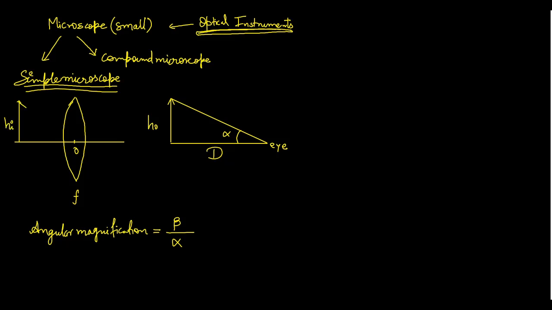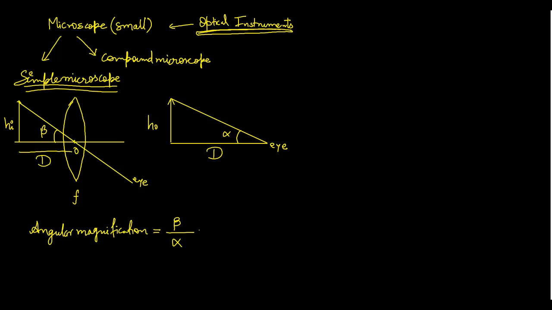Now, at this time, the angle subtended by this image on the eye is beta. And remember that again over here, this is nothing but the least distance of clear vision.